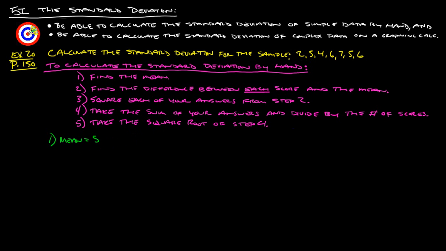Find the difference between each score and the mean. So now it gets a little bit more fun. Let's write 2, 5, 4, 6, 7, 5, and 6, and then here we'll write the mean down here, 5, 5, 5, 5 for each one of those. Then let's just subtract these.